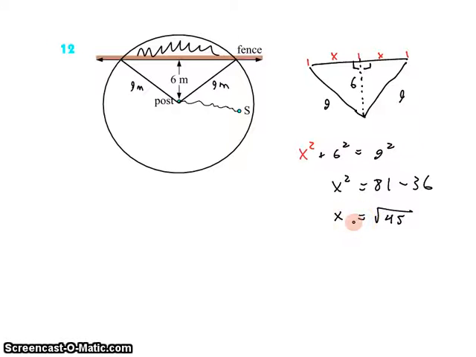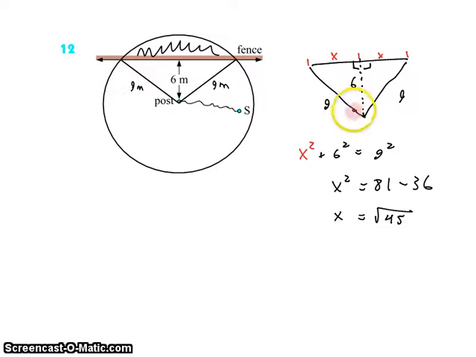Anytime you take a square root, you need to remember plus or minus. You need to consider that. But here we're talking about a length, and the length isn't going to be negative. So we'll just leave this as positive square root of 45. Using this now, I'll be able to find the area of the triangle. I'll be able to find this area here. What remains is for me to find the area of this sector, this big Pac-Man looking sector.